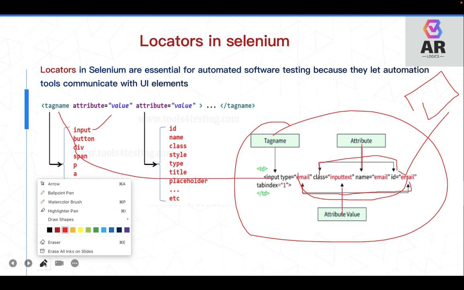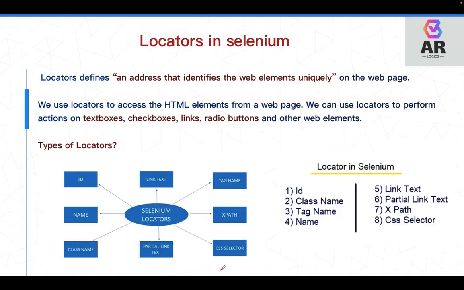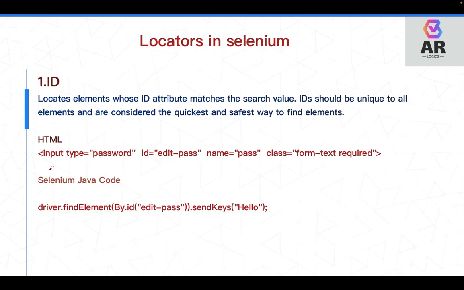So first one is ID. What is the ID locator? It locates elements whose ID attribute matches the search value.